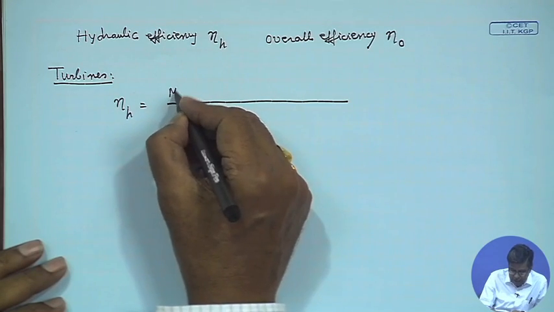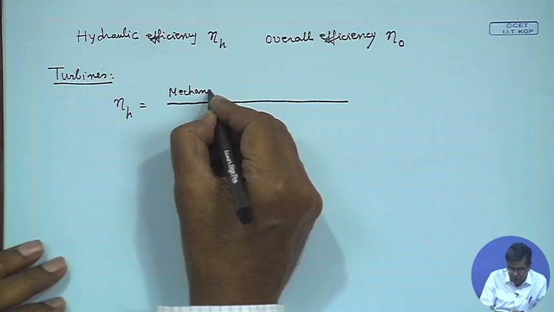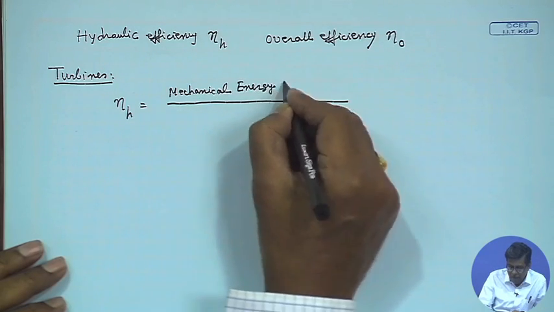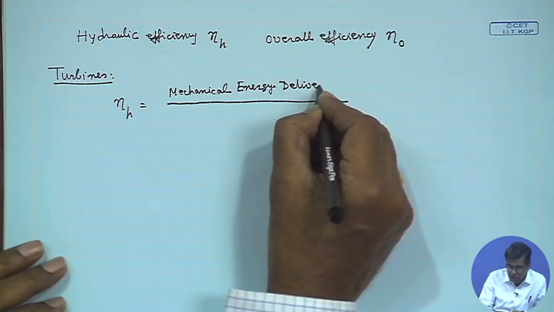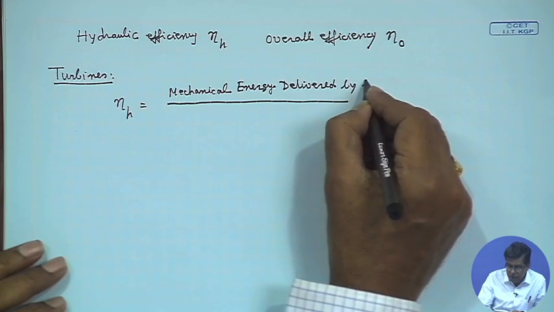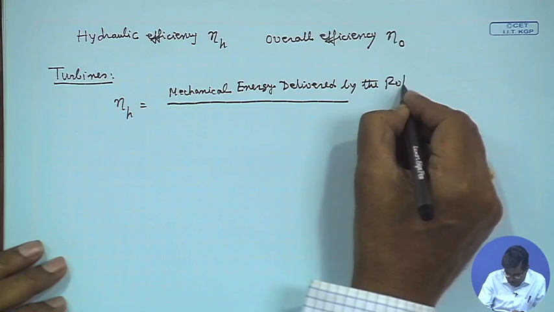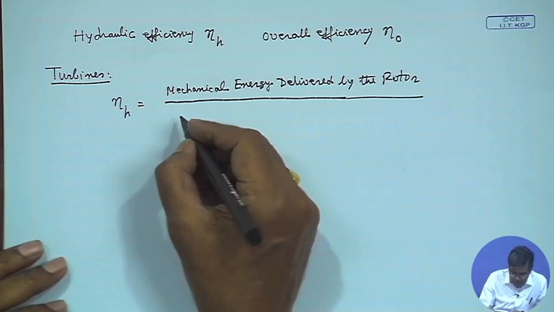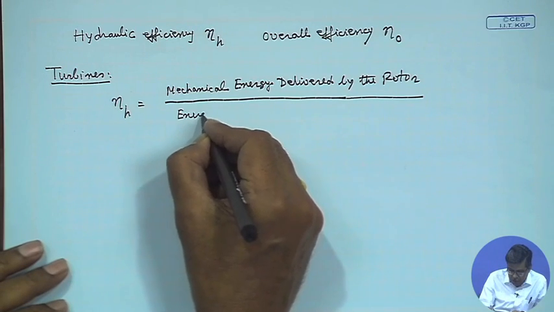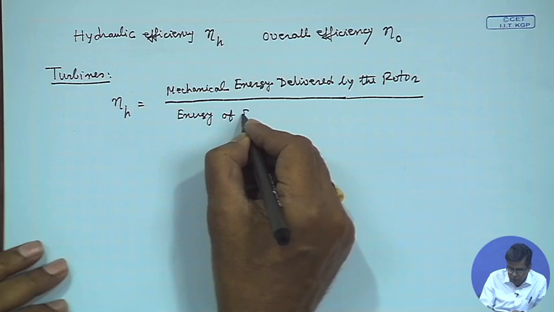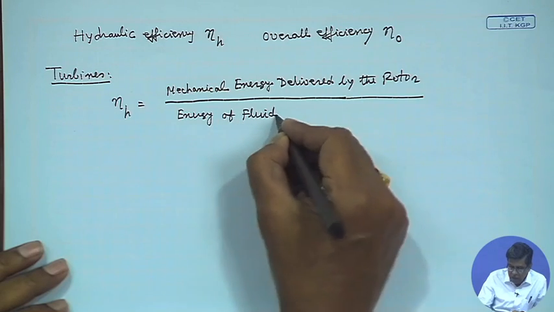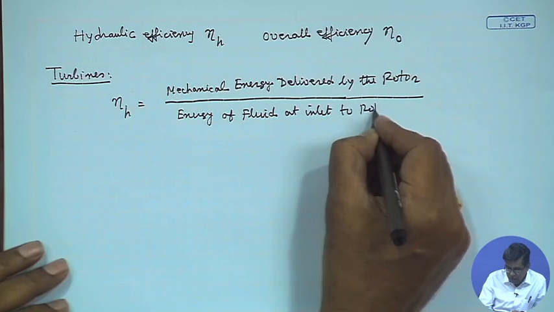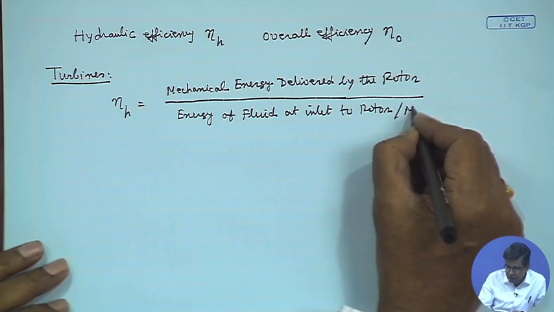This is the mechanical energy delivered by the rotor, divided by, in the denominator, the stored energy of fluid at inlet to the rotor or the machine.